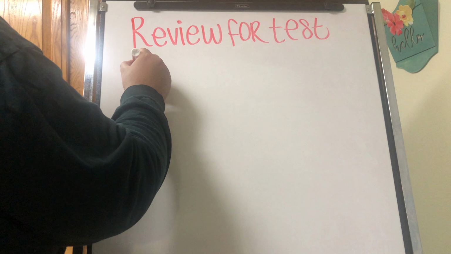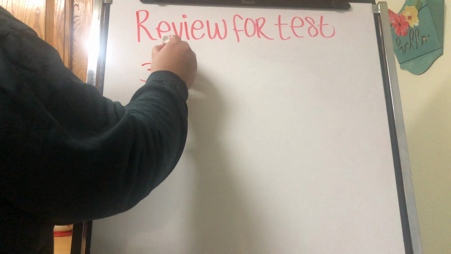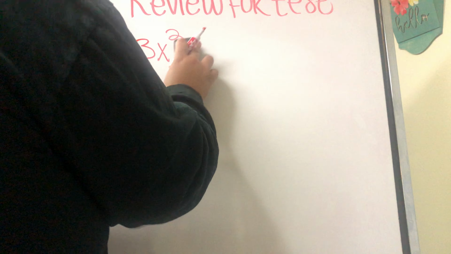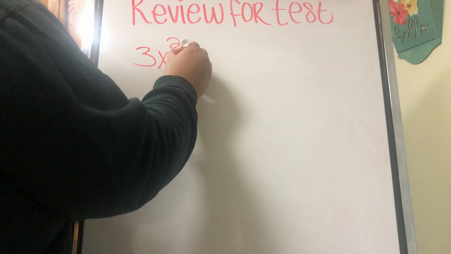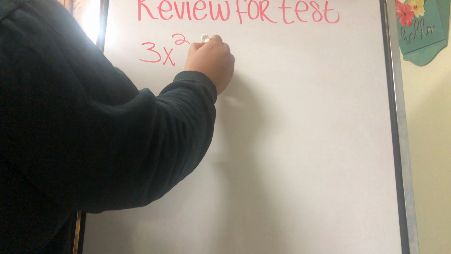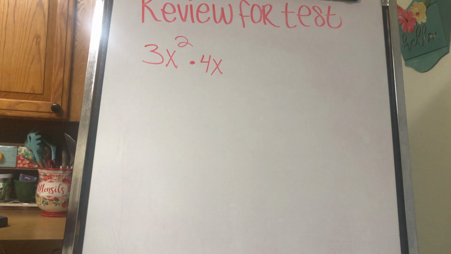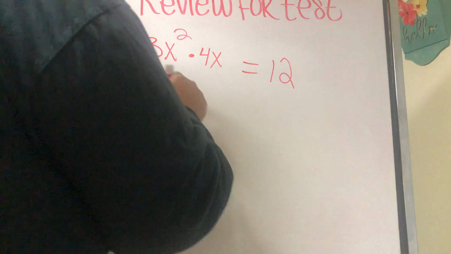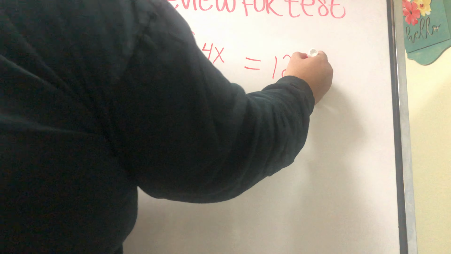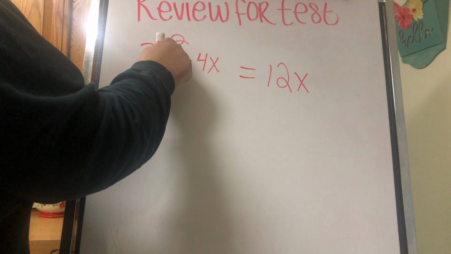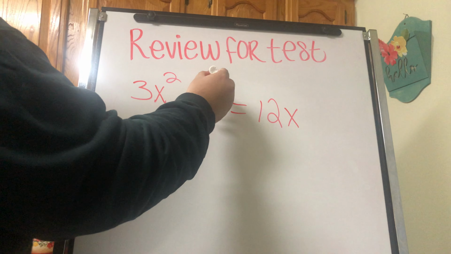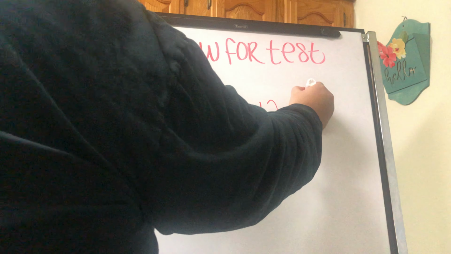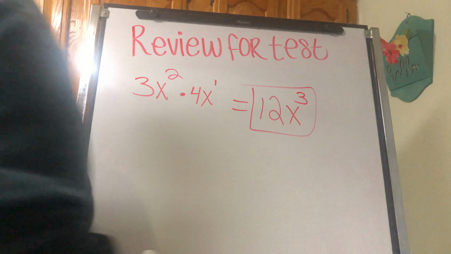So let's say we have 3x squared times, let's say, 4x. 3 times 4, that is 12, and then of course they have the same base, so I'm going to put x right here. You have to the power 2. Notice over here it has nothing to the power, so always assume it's 1, never 0. 2 plus 1 is 3, and that is your answer for multiplication.